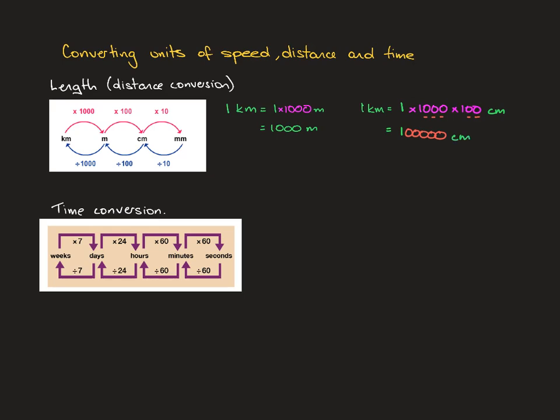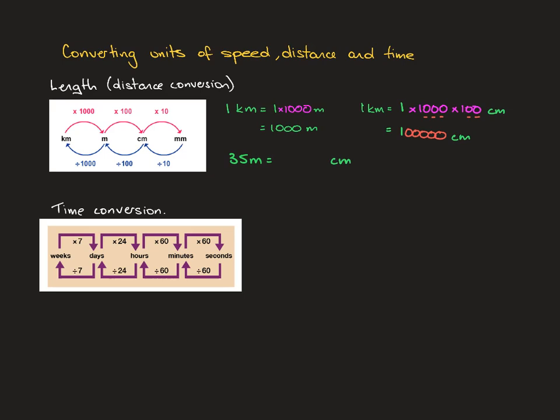If I wanted to convert the other way, say from millimetres to centimetres, I'd use this bottom arrow, and so I would be dividing whatever number I had by 10. Say, for example, I had 35 millimetres and I wanted to know what that was in centimetres.